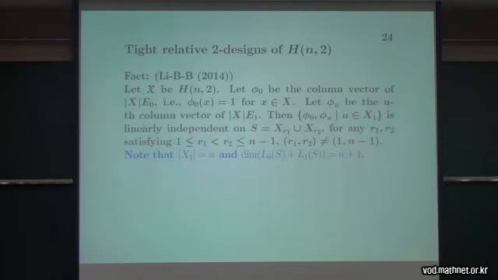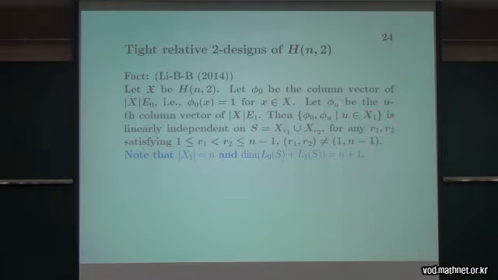For the binary Hamming case, we have such a fact. So phi_0 is the column vector of the I and the E0, so this is the constant function 1, and phi_u is the u-th column vector of this, and the first idempotent.